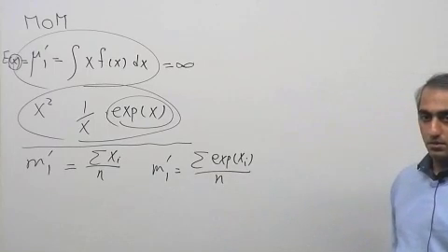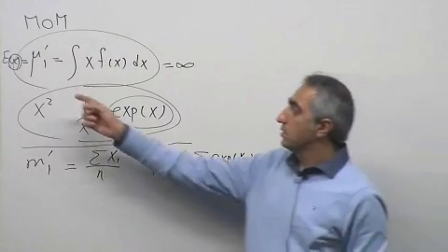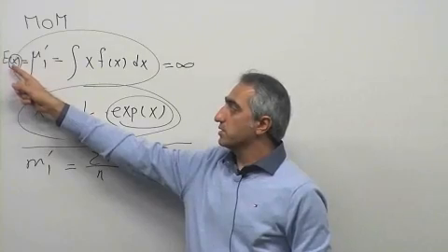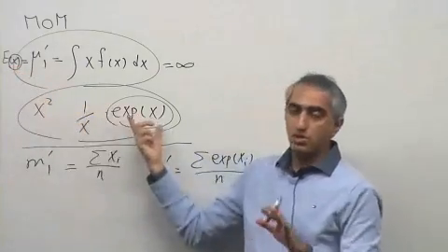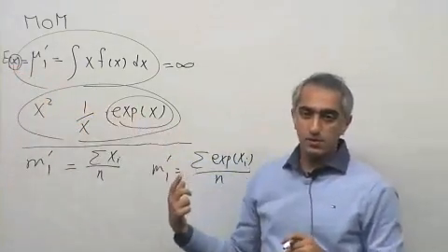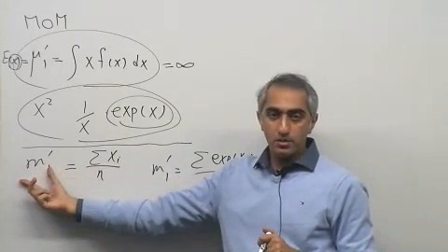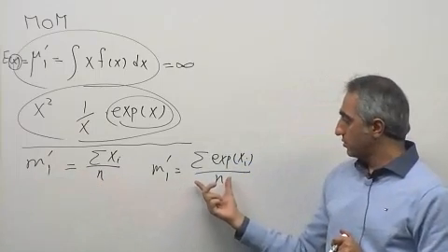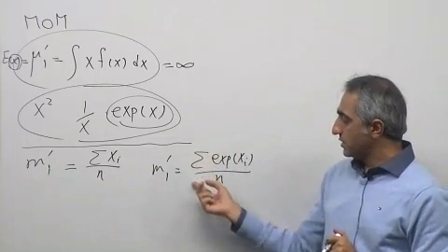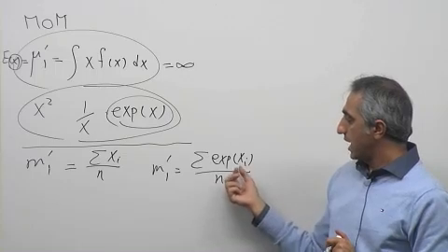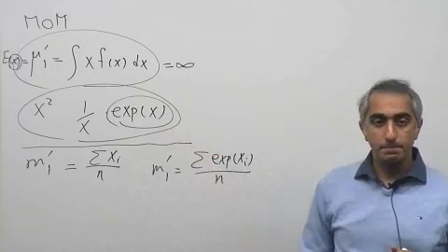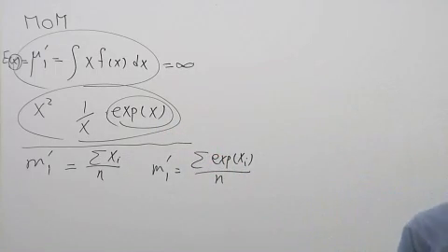So instead of the expected value of x, you use a function of it, and for your sample moment, you change the definition accordingly. I think one of the questions you have for method of moments requires this transformation.